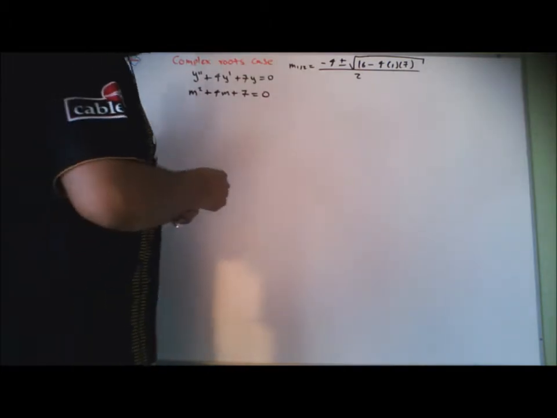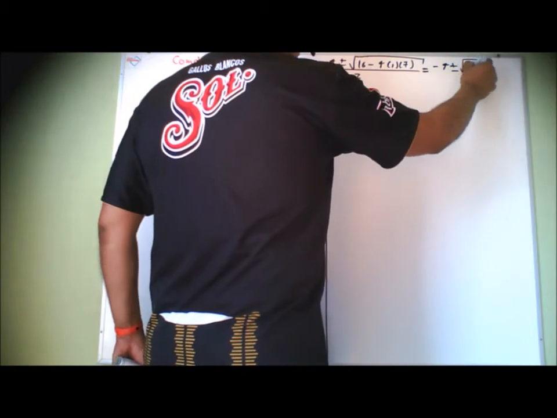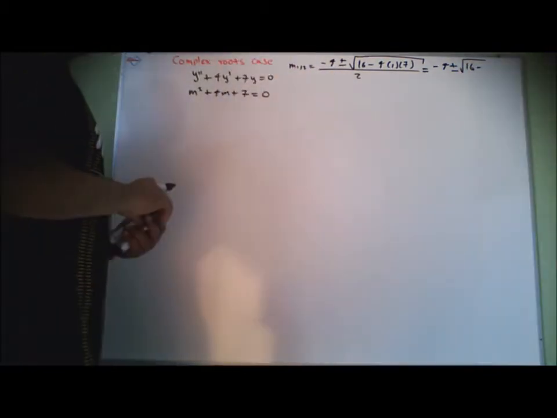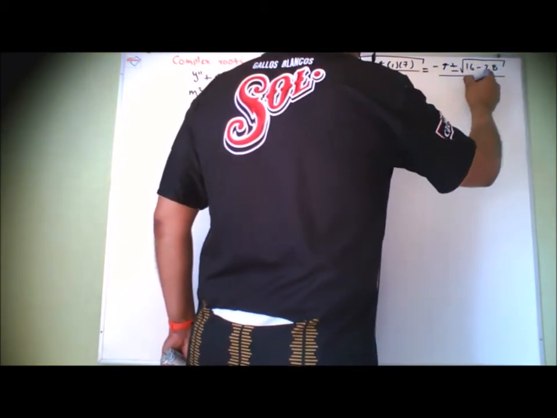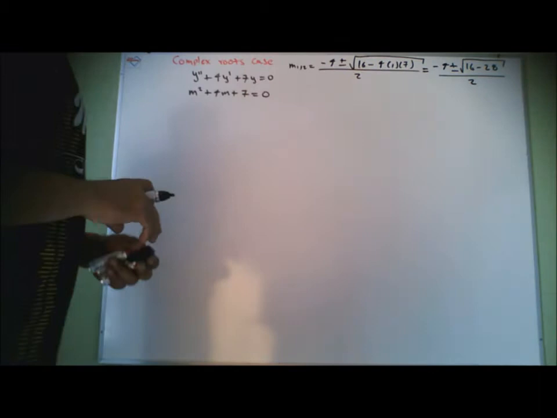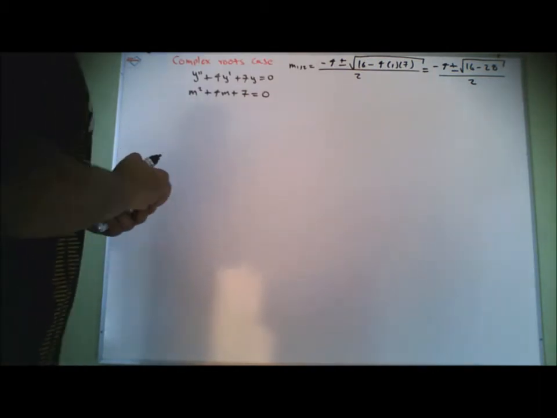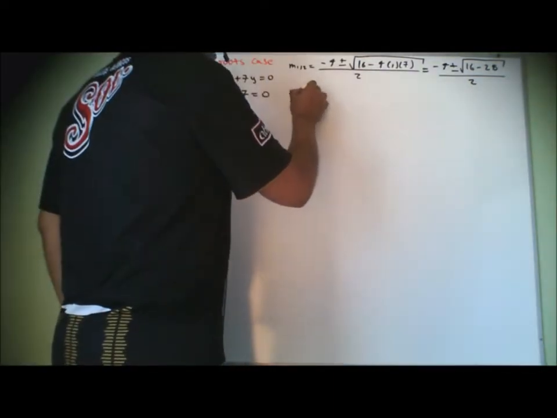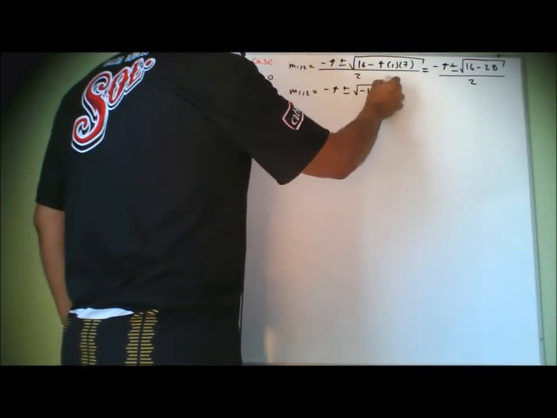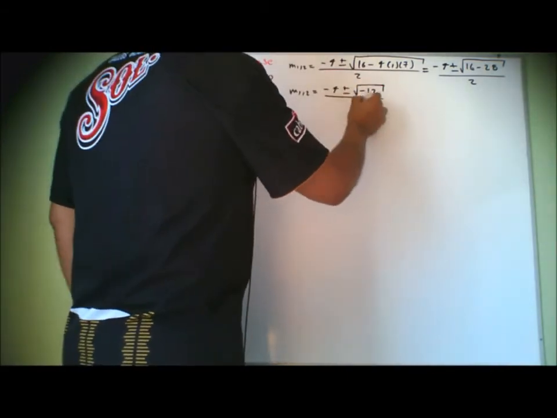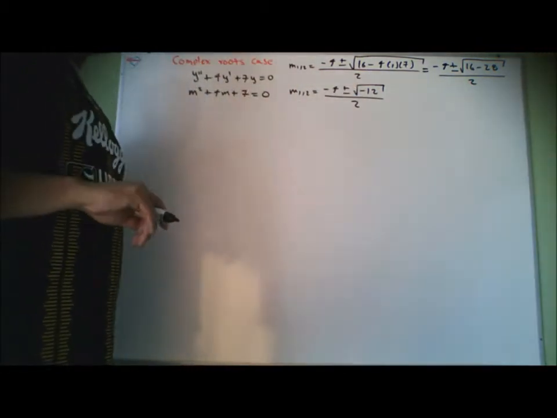So what we have here is minus 4 plus minus the square root of 16 minus 7 times 4, which is 28, over 2. So 16 minus 28 is going to be minus 12. So m1 and 2 is equal to minus 4 plus minus the square root of minus 12, and that is the issue. That is why we couldn't find two numbers, because they are imaginary roots.